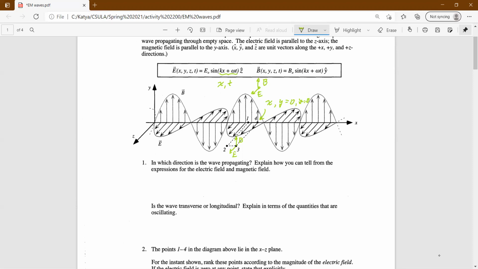Why does it happen? Because this is a plane wave. A plane wave has only one coordinate changing, the x coordinate, and time. So the x, y and z coordinates are not all affecting the magnitude of the field. If you move in the plane YZ or parallel to the plane YZ, nothing is going to change.